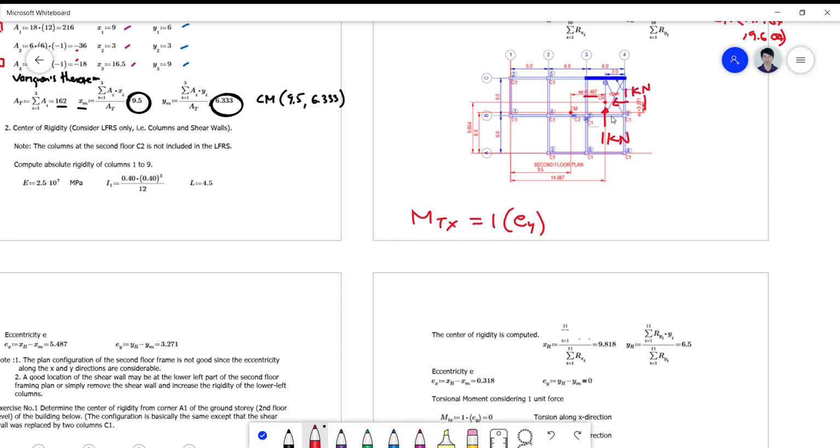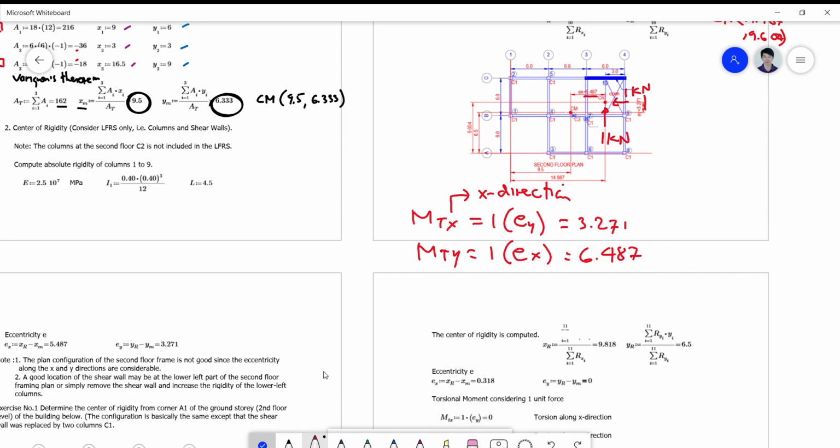Okay, so this is the x direction. Earthquake force on the x direction is 1 times EY, or simply 3.271. And for your MTY, you get 1 times EX, which is equivalent to 6.487.